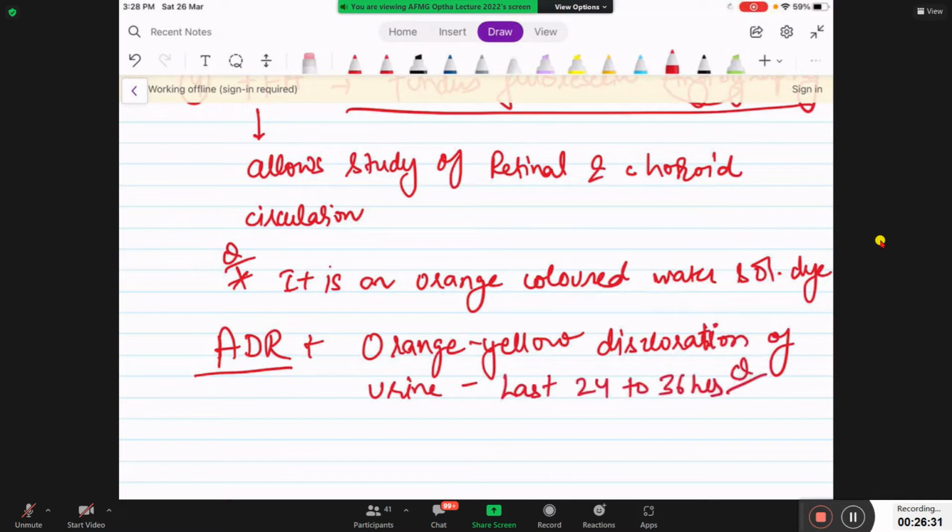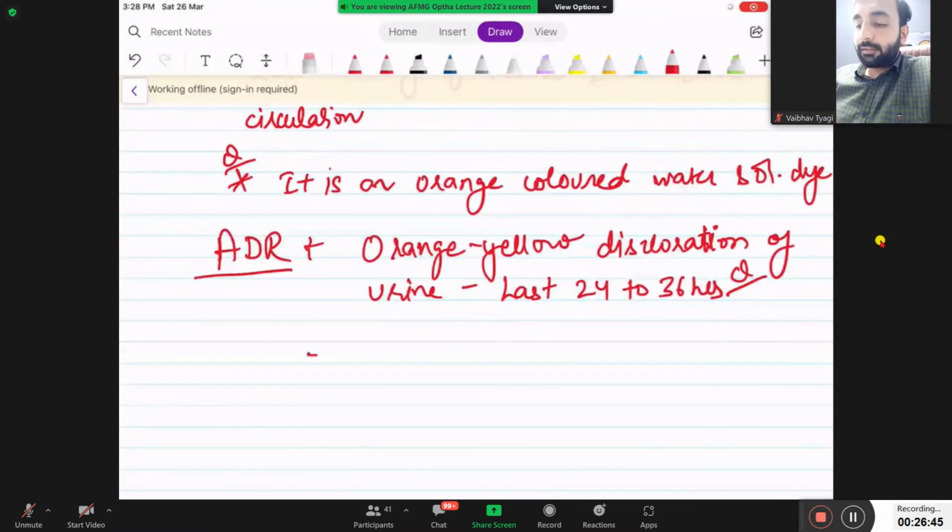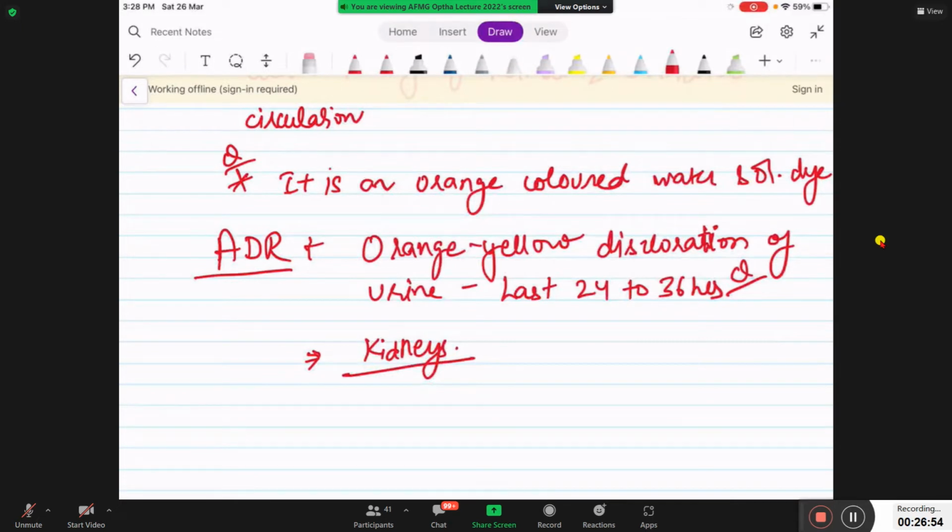Important question. So before doing FFA, you will inform the patient that the patient will have yellow-orange discoloration of urine for 24 to 36 hours. And one more thing, the route of exit of this dye is through the kidneys. What is the route of exit of this dye? It is through the kidneys.